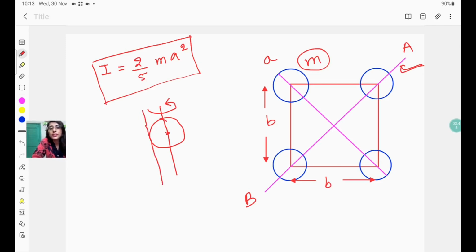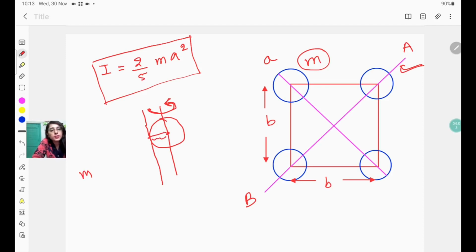We need to apply here the parallel axis theorem. That is, the moment of inertia about the center of mass plus m times the distance between these two axes squared.